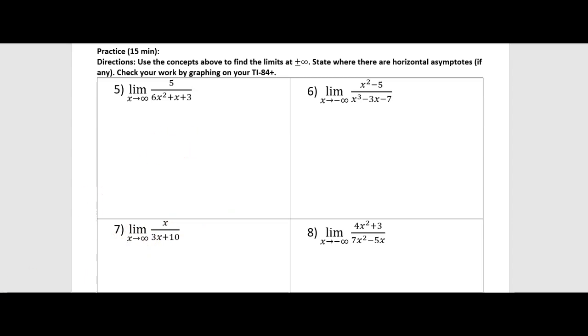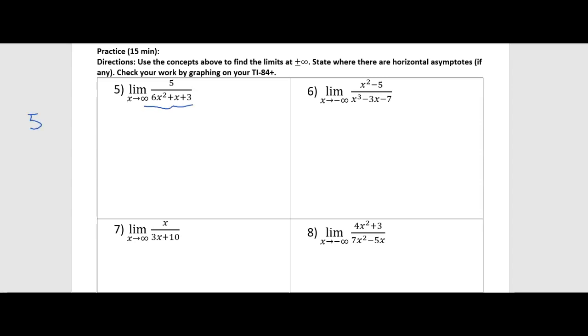Okay, hopefully you've had some time to work. We're going to start with number 5. And remember that we can break these functions down and create an approximate function that we can use to find the limit, one that's going to be easier to find the limit of than the initial one that we're given.